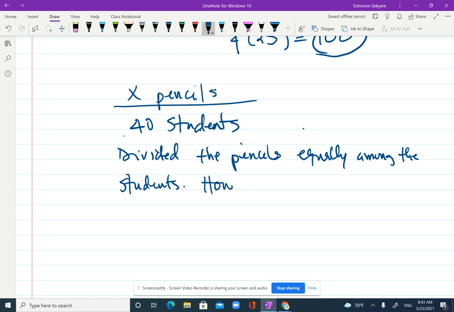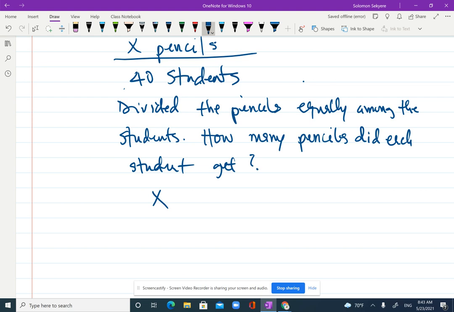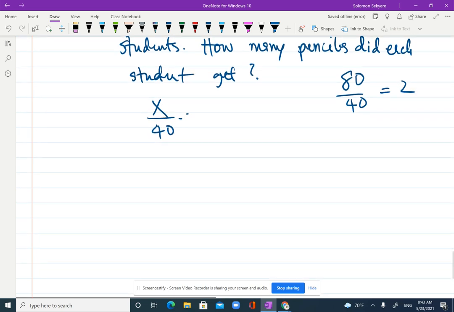How many pencils did each student get? The teacher started with X pencils, we don't know what that is. If you have 80 pencils and 40 students in the class, when you divide, each one will get 2. But this time we don't know, so we take the total and divide by the number of students. So we have an expression that shows how many each student will get.